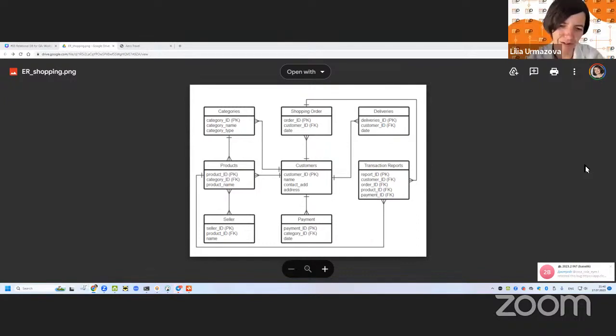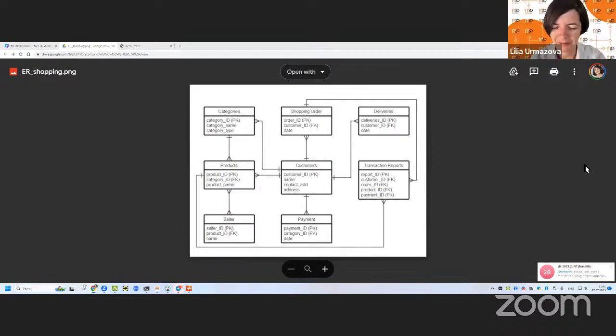And the same with customers and products. Maybe we have to add a relationship between customers and products, but I have no idea why we have this relationship. Of course, customers should be related to orders, and orders should be related to products, not directly.